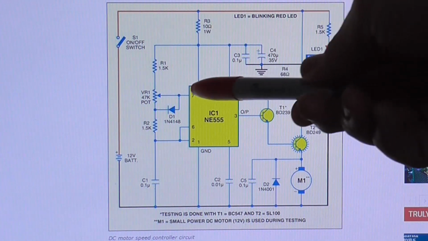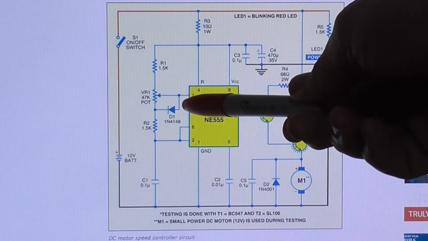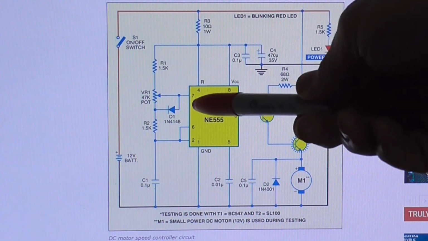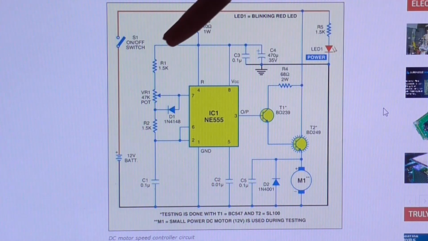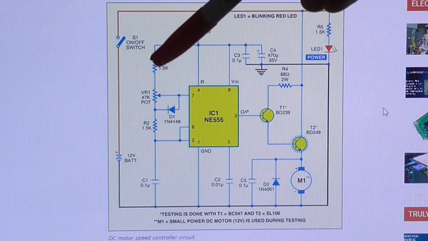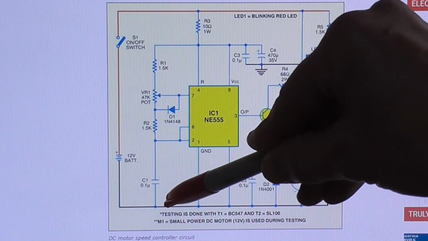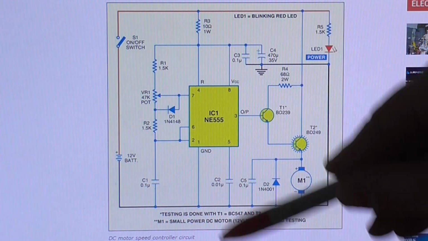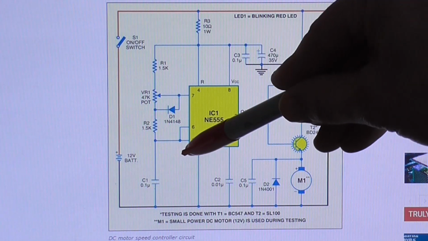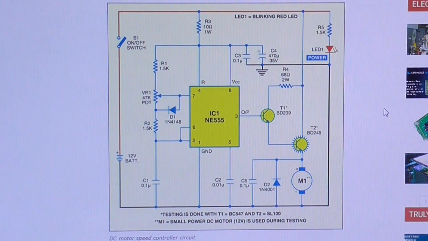So we're varying here at pin 7, which is the discharge pin, the total resistance between here and here and the capacitor. So we're changing the charge constant of that capacitor, which is controlling pin 2 and pin 6. That would also control our frequency, so it would either increase or decrease the frequency.